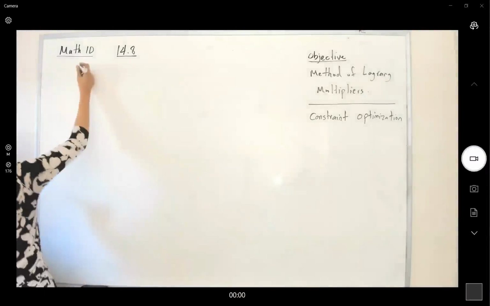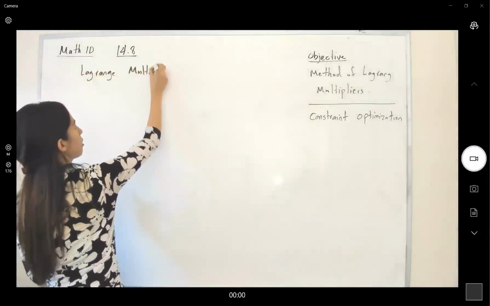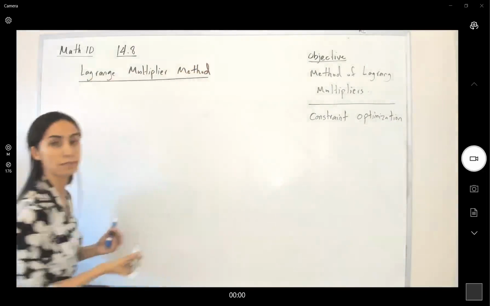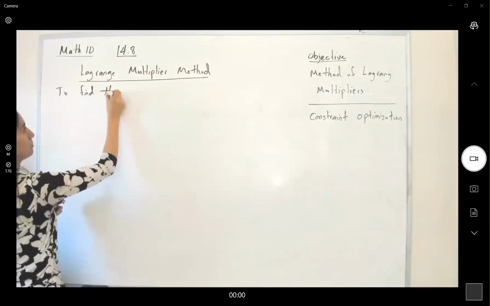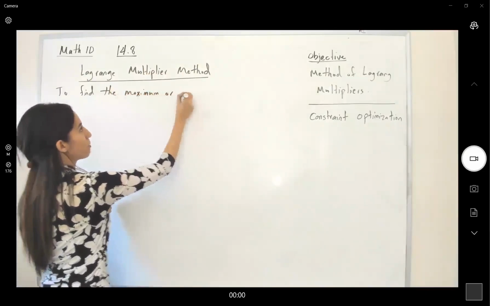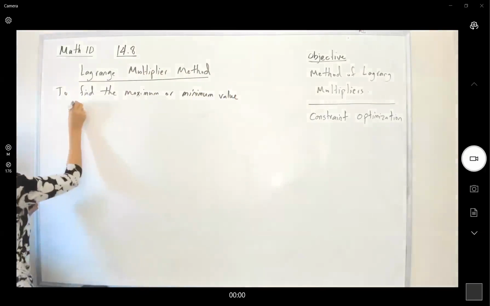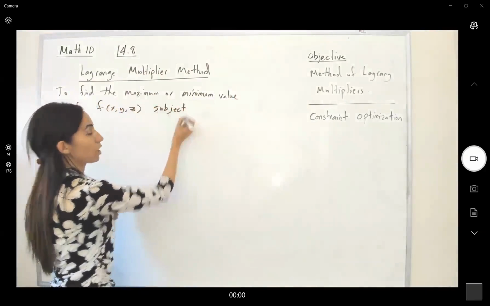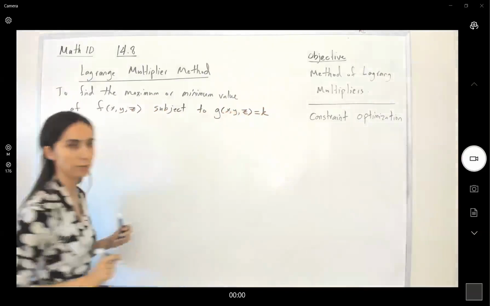Okay, for the Lagrange multiplier method itself. This method says to find the maximum or minimum value of function f of x, y, z subject to the constraint g of x, y, z equals k, with the conditions.